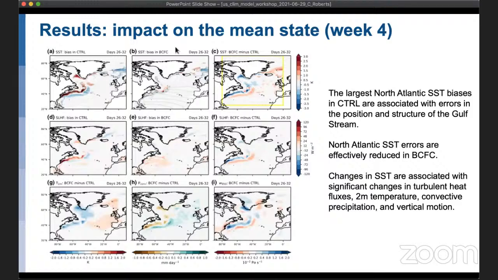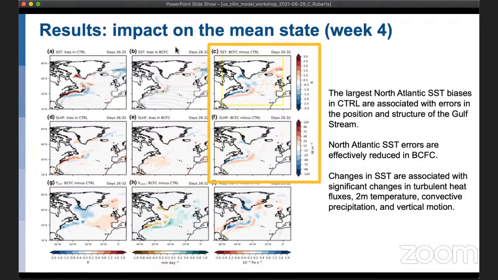So on the left here, you can see that the largest SST biases in our control experiment are associated with these errors in the position of the Gulf Stream. And they also impact errors in the heat fluxes, which here in the middle is the surface latent heat flux. And these errors are effectively reduced or eliminated in our bias corrected forecasts.